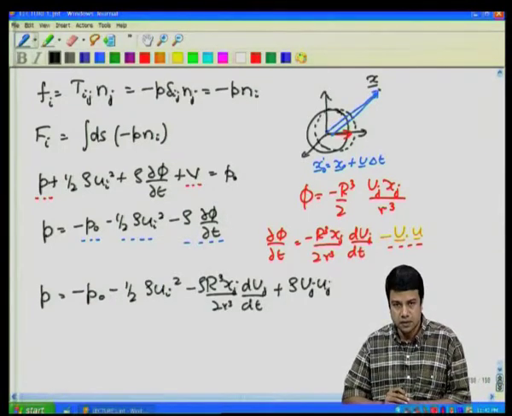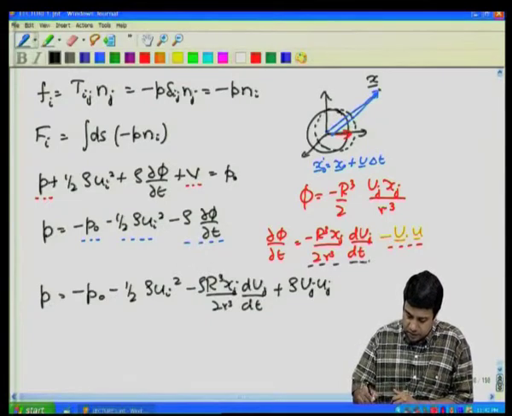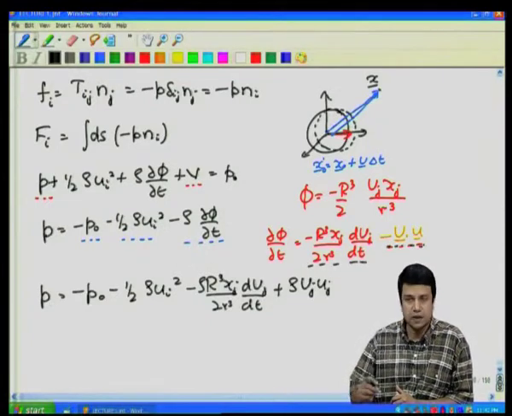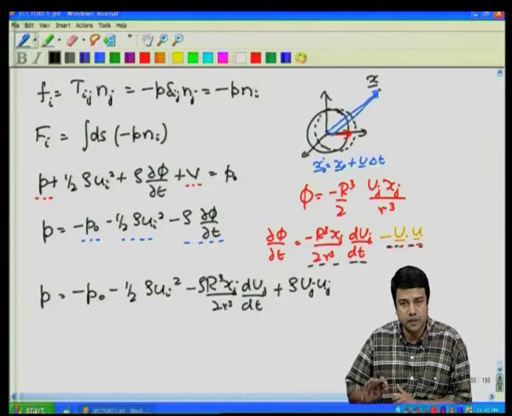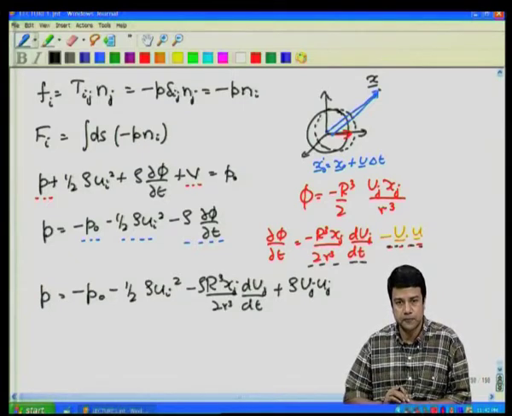So, this first term here is due to the variation of the velocity with respect to time. The second term is because the origin of the coordinate system is moving.